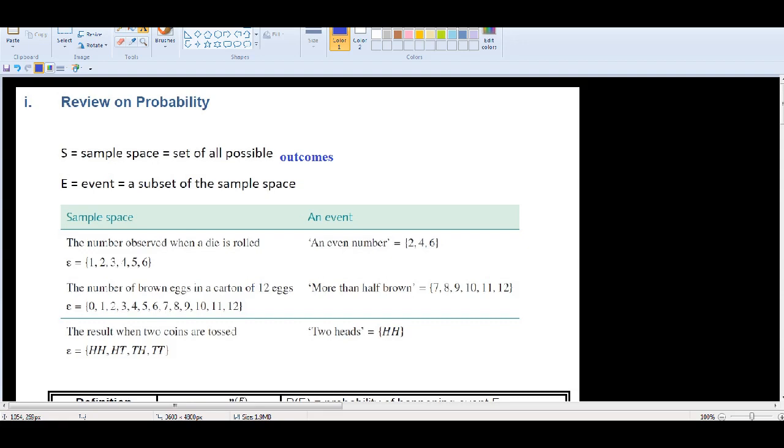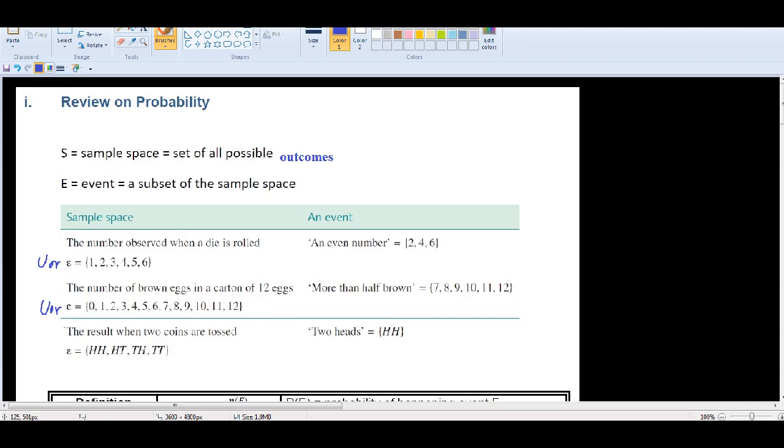Let me give you an example. If you are throwing a die, then the sample space, the book uses epsilon as a symbol, I use U, so both are alright, will be 1, 2, 3, 4, 5, 6.